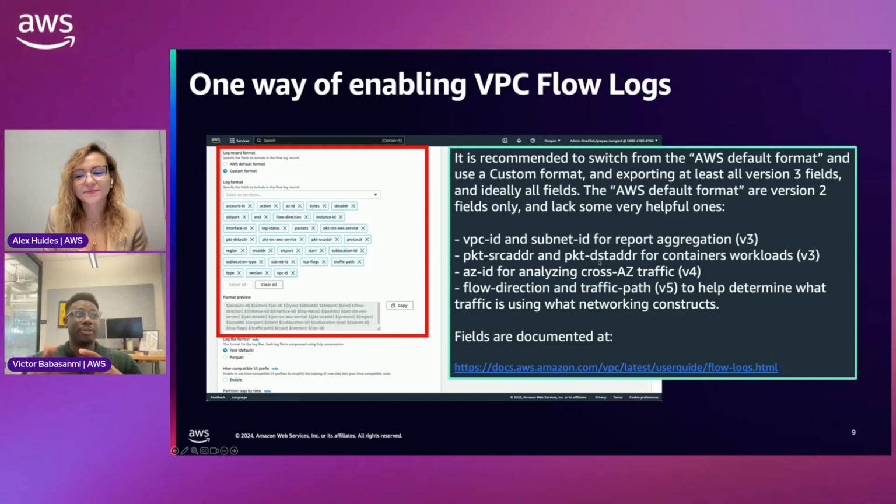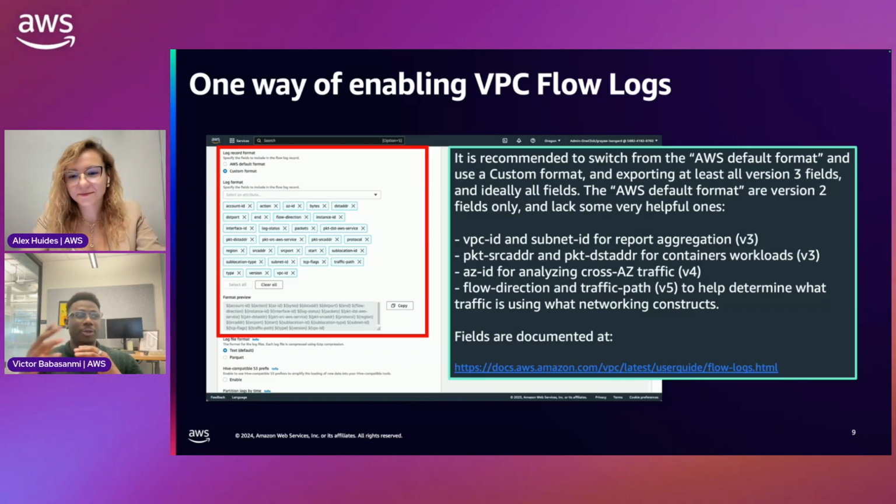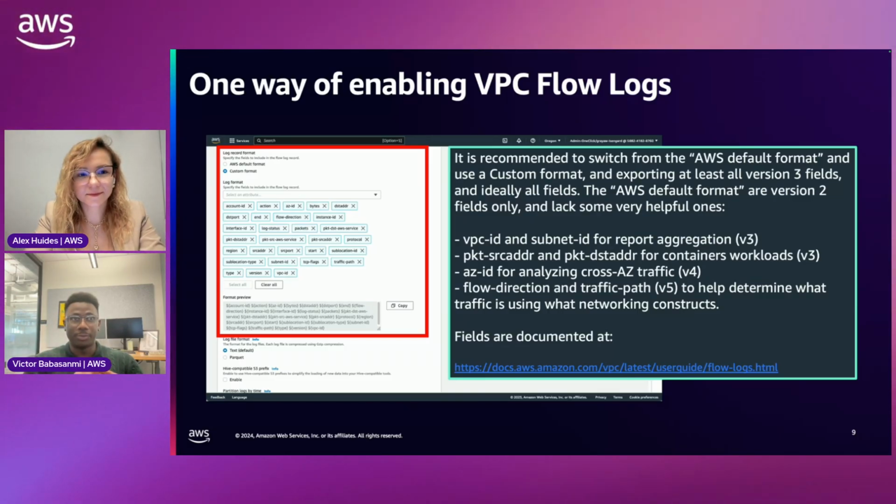That's a helpful field if you have containers and you want to not just look at the ENI IPs, but also see what's going on with the pods. And then there are other versions as well. We generally recommend that you use at least version 3 because that has more fields. Again, our documentation has all the fields for the different versions of flow logs.